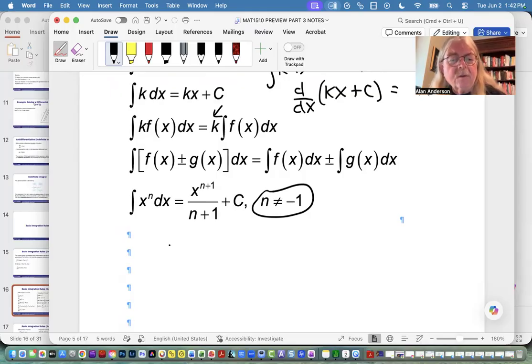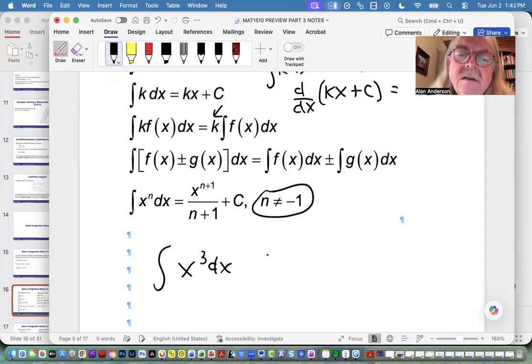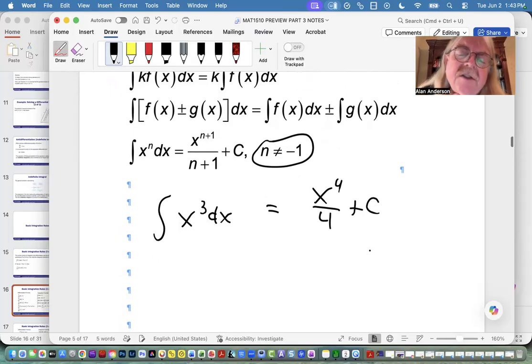Okay, so in other words, the integral of x to the third power. Well, clearly n is 3. Okay, and again, you can easily check this.